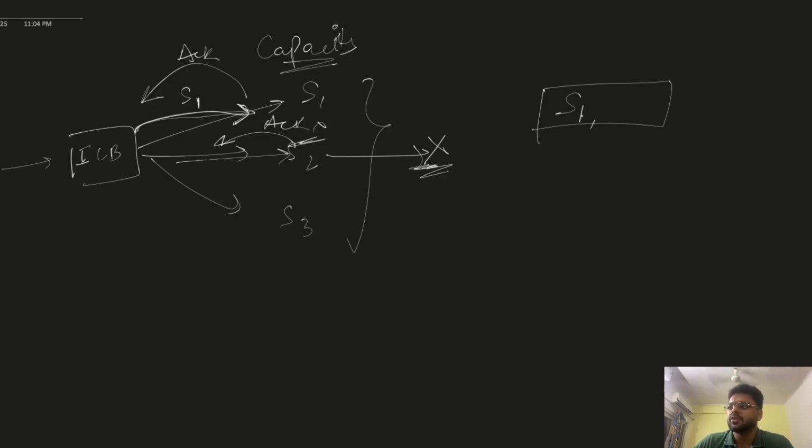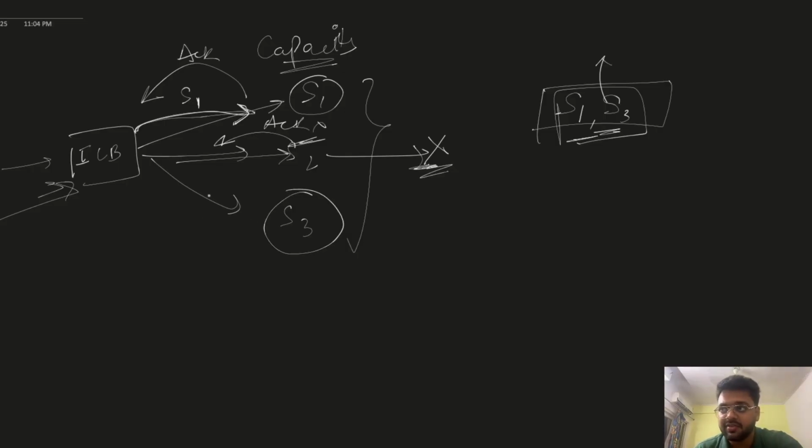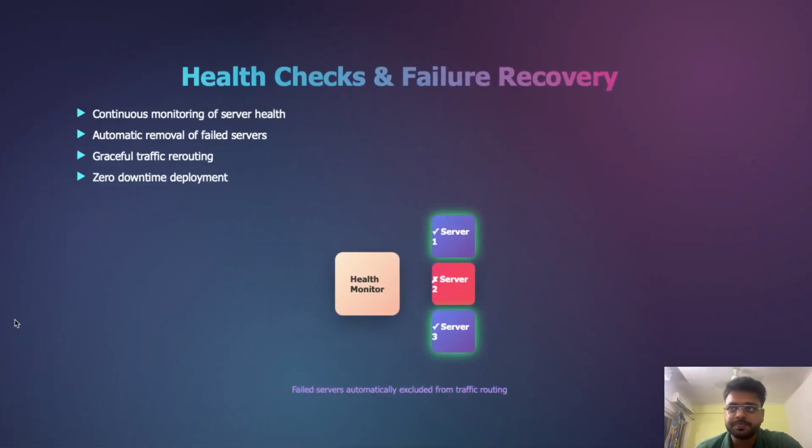When an acknowledgement is not received, it would remove S2 from this pool, and similarly S3 is available, so S1 and S3 now are available. So now when a new request comes, it would only be given to S1 or S3. So this is how the health checks and failure recovery come into the picture, and this actually helps us in gracefully rerouting traffic, and also helps in zero downtime deployment.